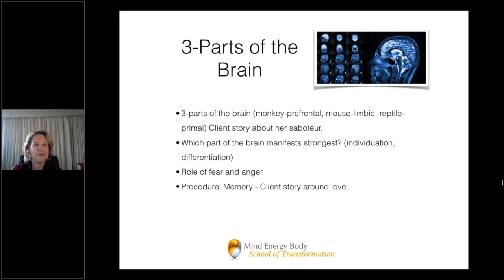So which part of the brain manifests strongest? I think when your limbic, the midbrain, the emotional part of the brain that gets reactive, and where trauma can be held or healthy emotions can be held, works in sync with the higher brain, like I did when I manifested the ceasefire in Cambodia and got my kids out of the coup.